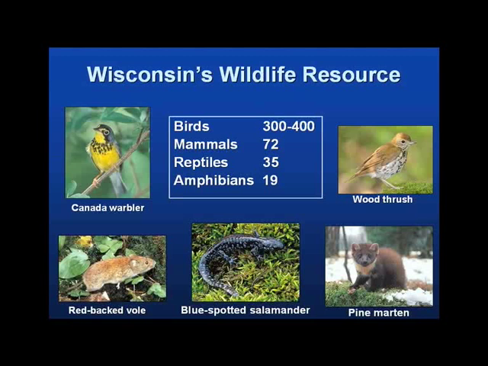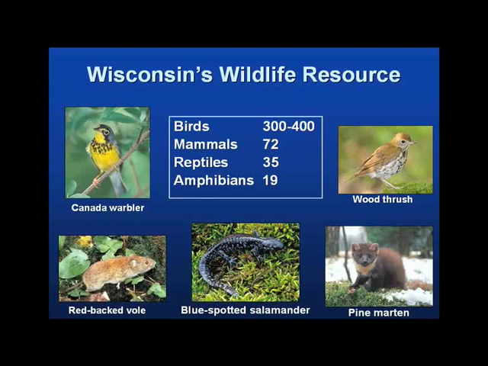So before we start talking about managing habitat for wildlife, let's talk a bit about what the Wisconsin Wildlife Resource Base consists of. In my department, when I do extension work for wildlife, I'm in the Wildlife Ecology department here, we talk about 4 different groups of animals, and they all are vertebrates. There's a 5th group of vertebrates, the fishes, but there's a separate major degree program for the study of fish, ichthyology.